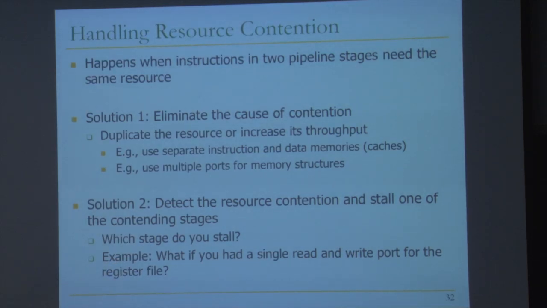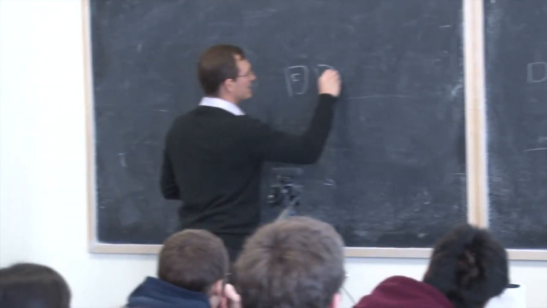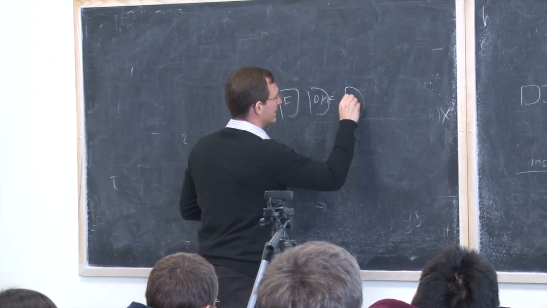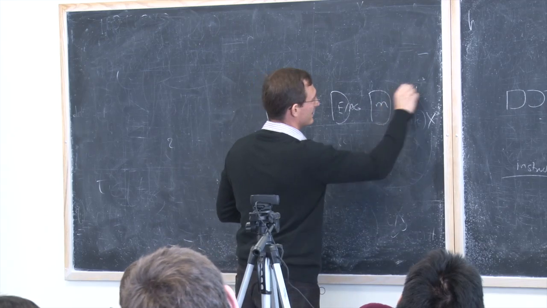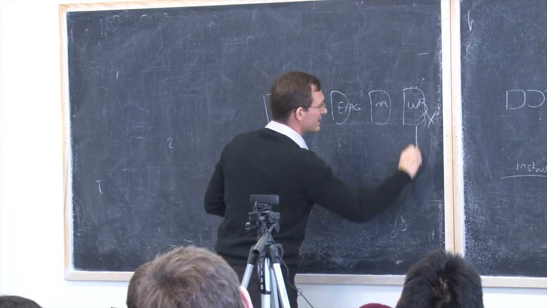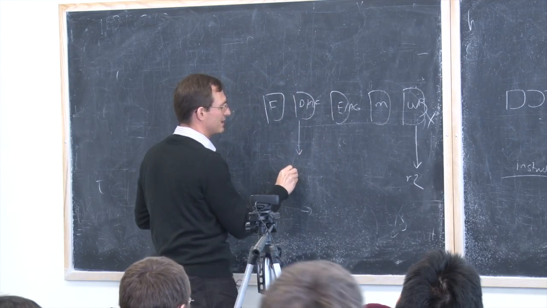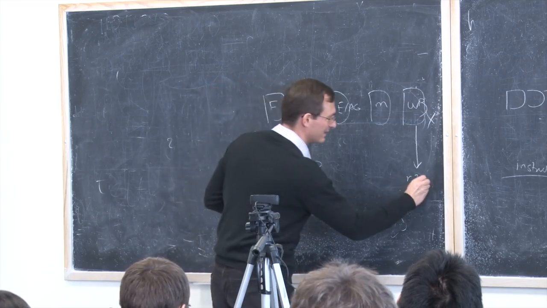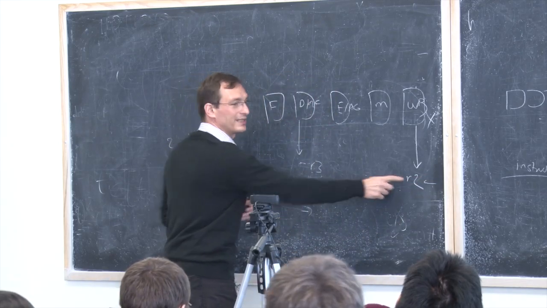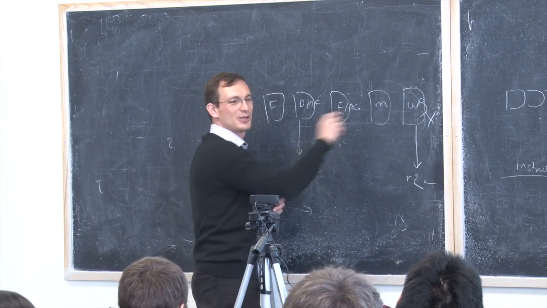You have a 5-stage pipeline: fetch, decode, register file read, execute or address generate, memory, and write back. You have one instruction here that's writing its result to R2, and one instruction here that's reading its results from R3, let's say. There are no dependencies, and you have only one port to your register file. Which stage do you stall in this case?